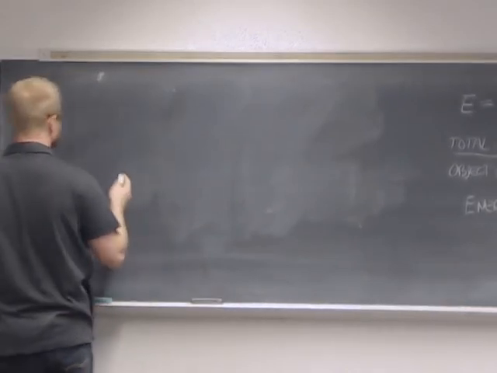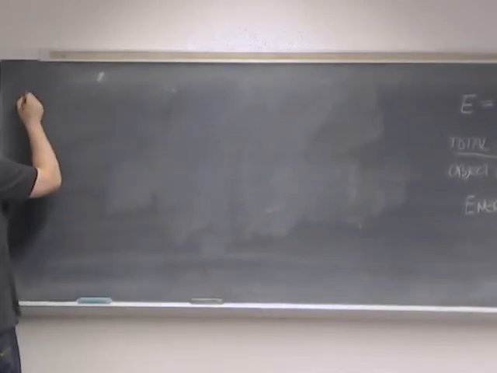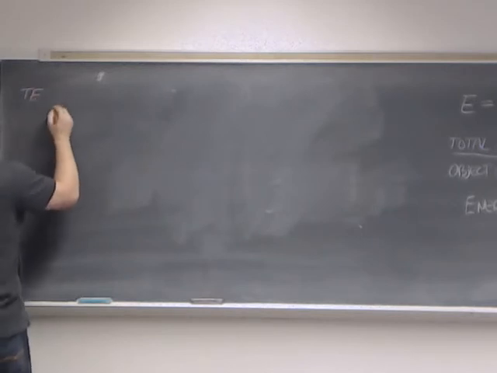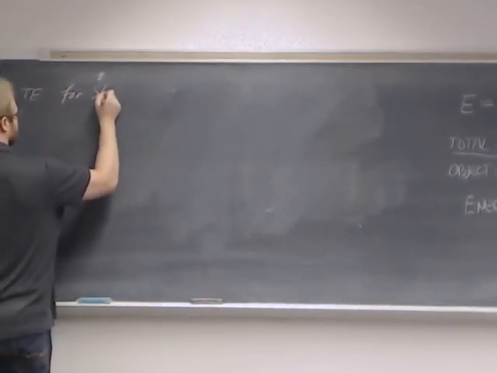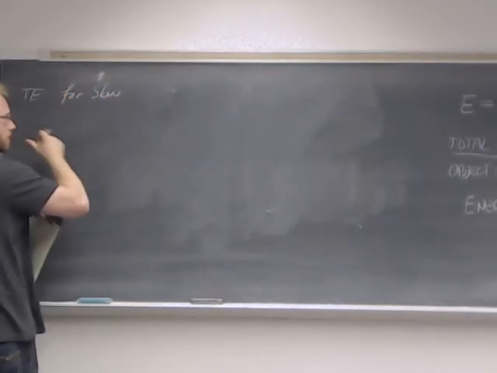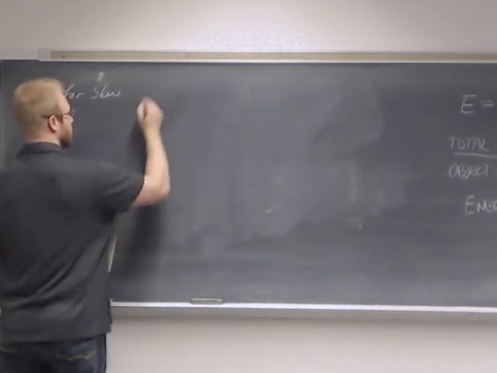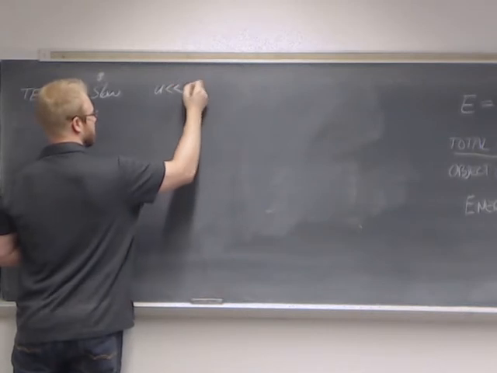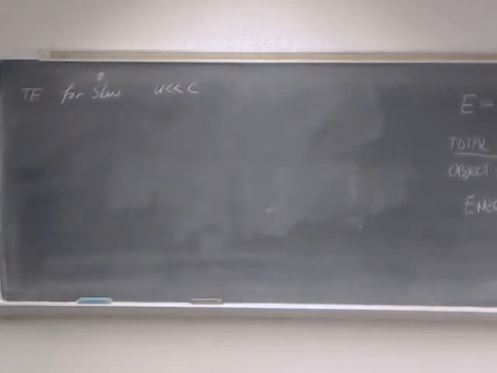All right, so now let's look at the total energy for a slow-moving object. So, an object that has a u that is much less than the speed of light.